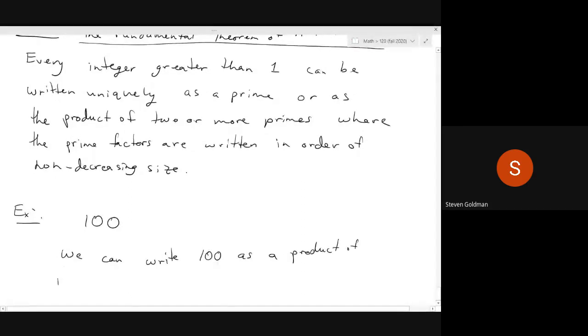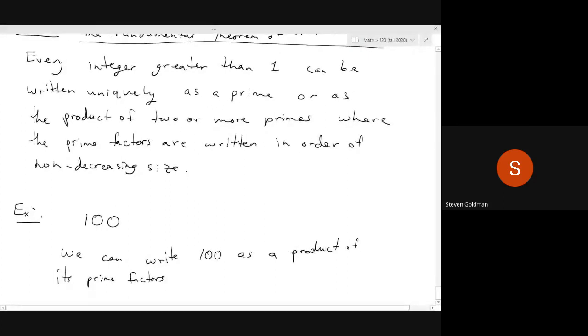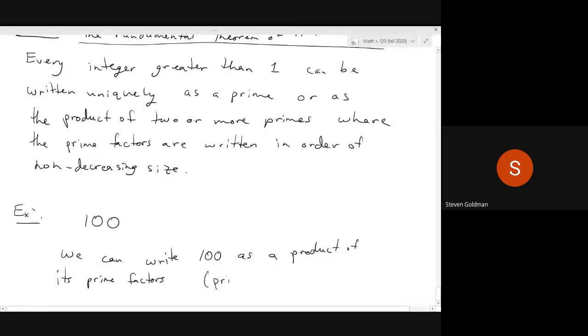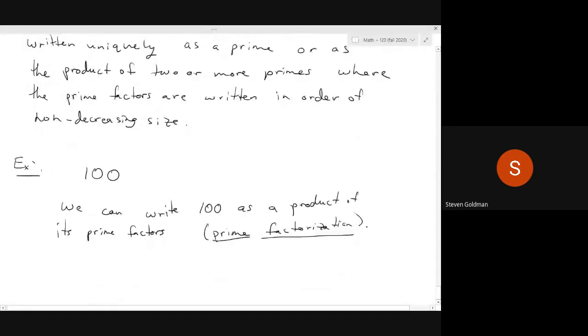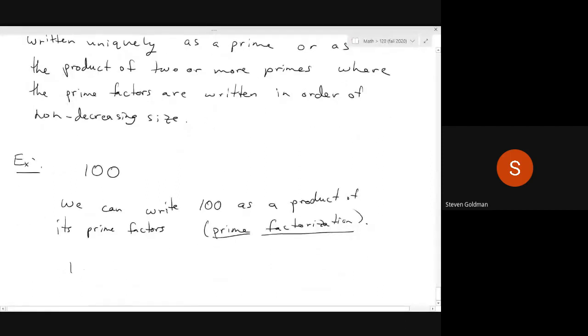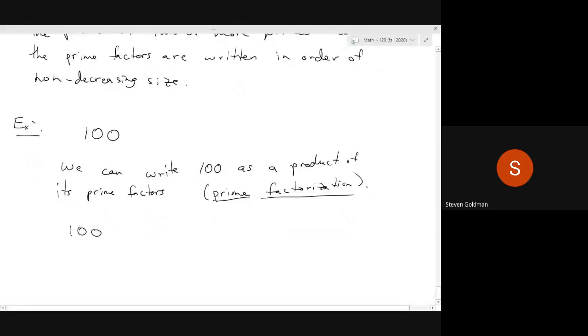That product is called its prime factorization. So if I want to write 100 as a product of its prime numbers, I have to figure out what its prime factors are.